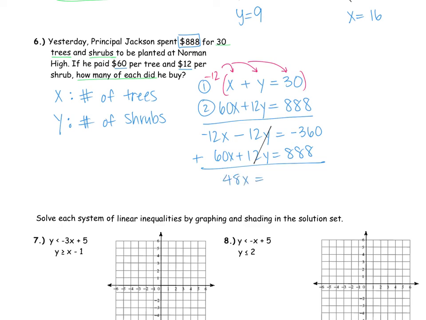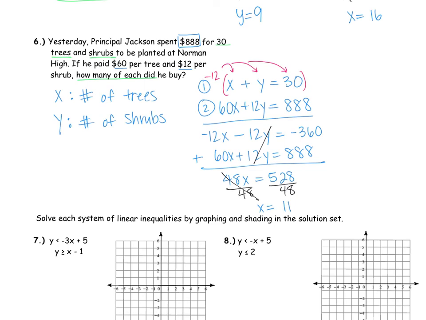And then I have 888, and I need to add 360 to it. So that would give me 528. If I divide by 48 here, that would cancel. And x is equal to 528 divided by 48. Let's see if that divides nicely. So when I divide, I actually get 11.